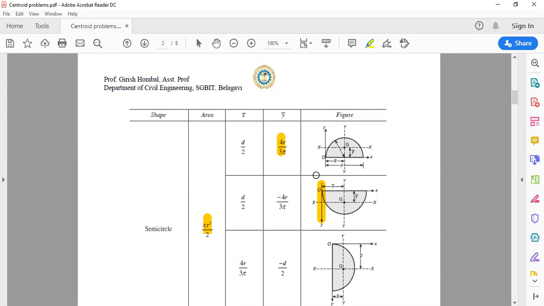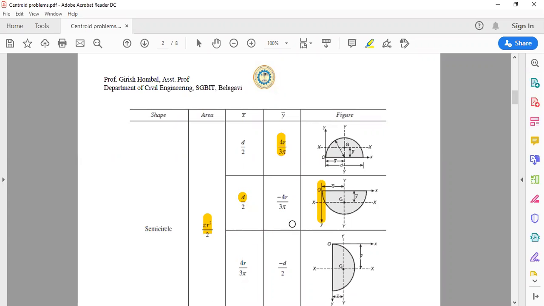If you happen to see this, the position of semicircle is inverted that of first case with diametrical axis touching the x-axis, that is a reference x-axis. So x bar, which is measured from reference y-axis, is d by 2, where d indicates the diameter. Or you can take this as r also. It is either d by 2 or it is r. It is one and the same.